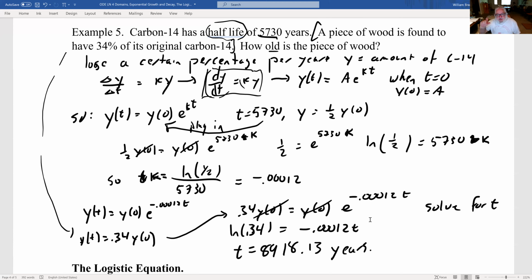And so if you take a wood sample, it's got 34%, its proportion of carbon-14 to carbon-12 is 34% of what its original was. And so then we can figure out roughly how old it is. There's a lot that goes into carbon-14 dating, and that's why when you get an answer like this, in real life, you'd say about 9,000 years. In math world, since we're doing everything precisely, we can say 8913.